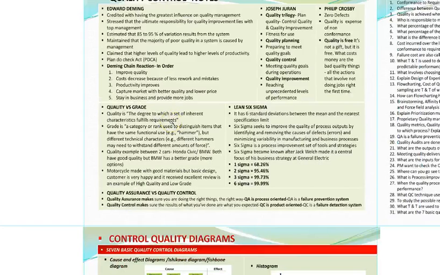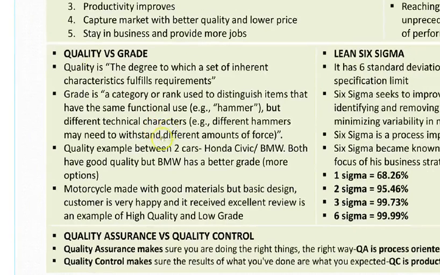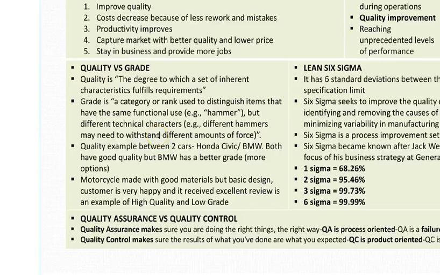Now what is the difference between the quality and the grade? I already did that over here when I explained what is quality and what is grade. The next question is, quality is achieved when a product meets customer requirements. Is that true or is that false? Again, same answer. It is true.